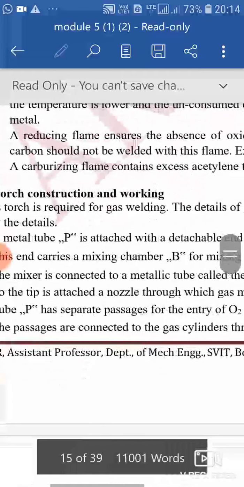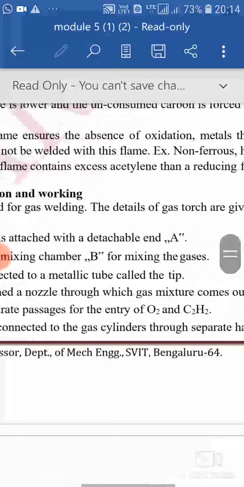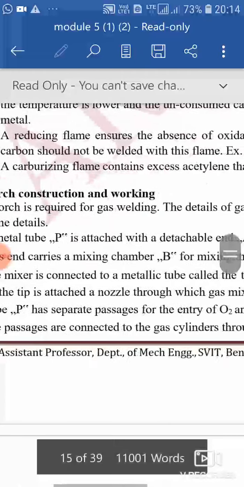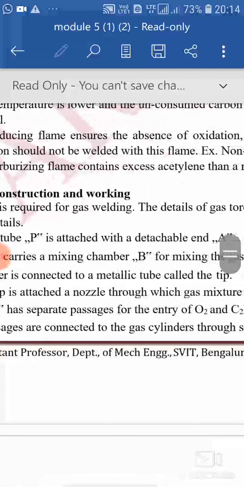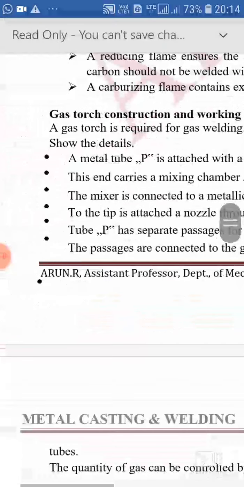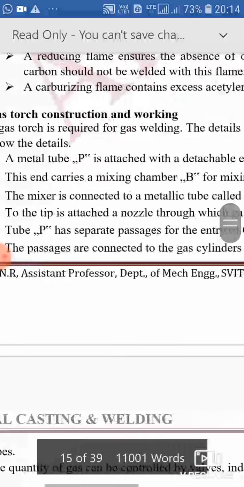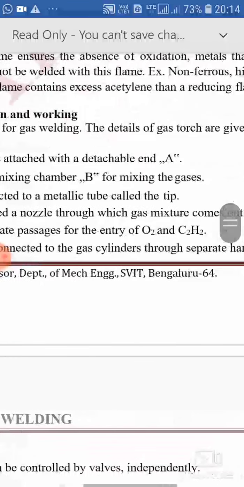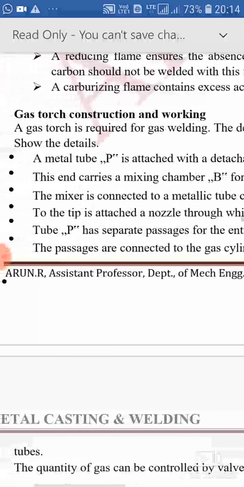The mixer is connected to a metallic tube called the tip. The tip is attached to the nozzle through which the gas mixture comes out. Tube P has separate passages for the entry of O2 and C2H2, that is oxygen and acetylene. The passages are connected to the gas cylinder.